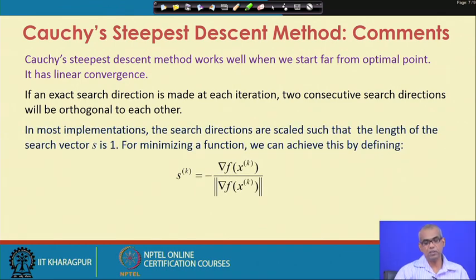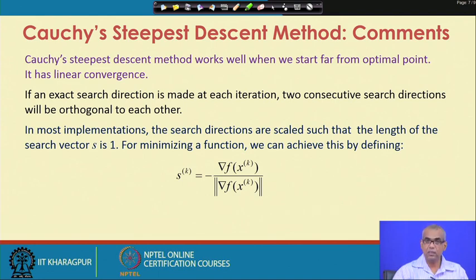In most implementations, the search directions are scaled such that the length of the search vector is 1. So, for minimizing a function, we can scale the search direction by dividing the gradient by the norm of the gradient.